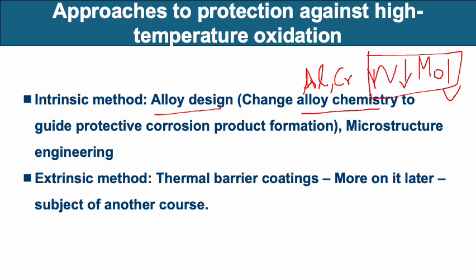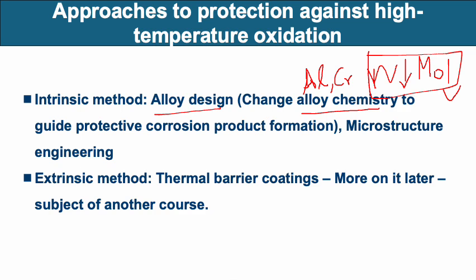But in high temperature oxidation, we do not consider them beneficial alloying elements. It's a very common mistake for students to consider tungsten and molybdenum beneficial for high temperature oxidation resistance.